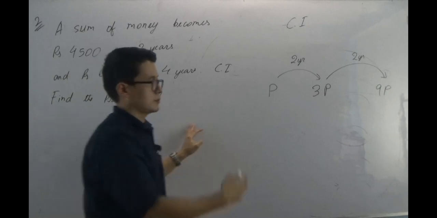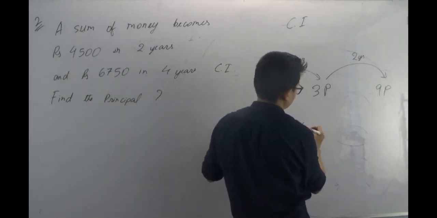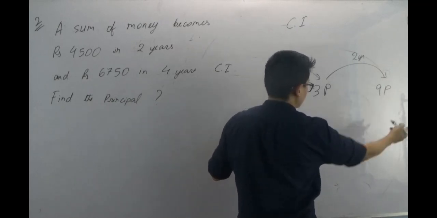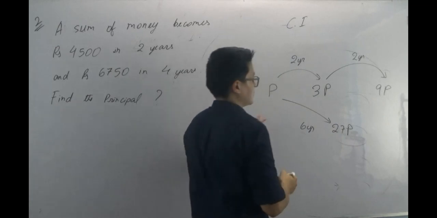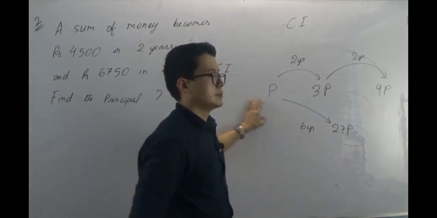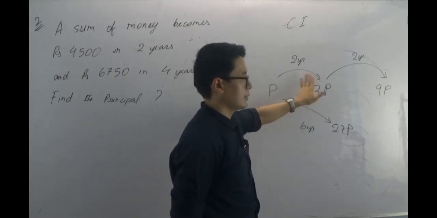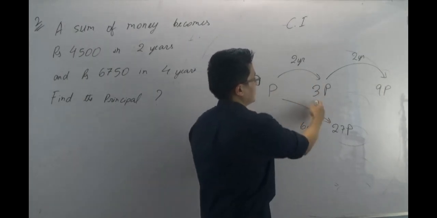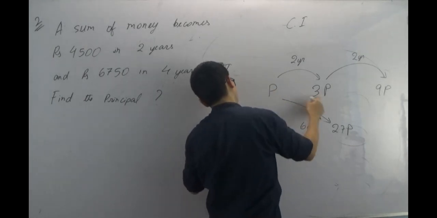After, let's say, 6 years, 9P becomes 3 times again, that is 27P. So the ratio is 1:3.